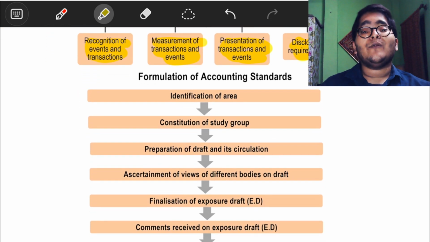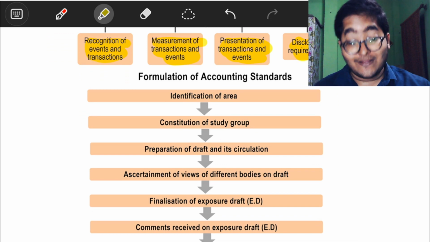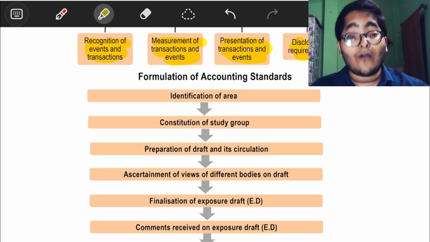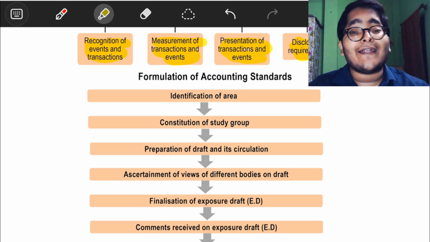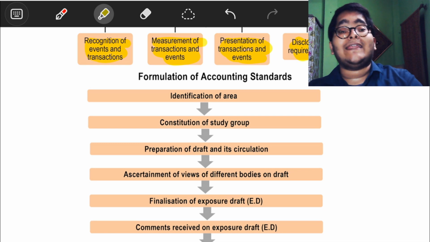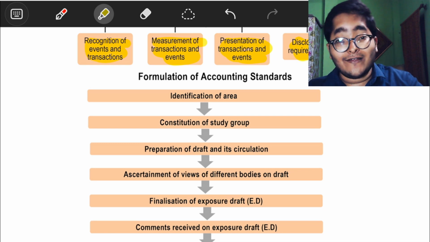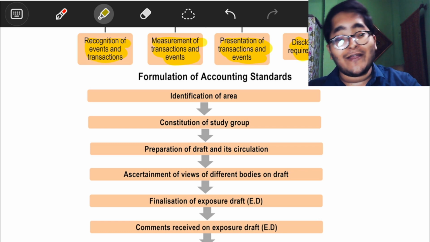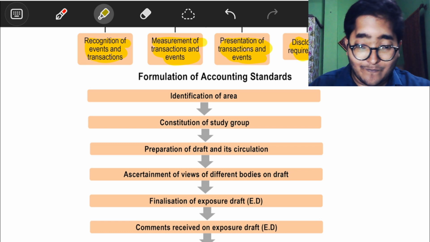Now, the formulation of accounting standards. How is an accounting standard formed or formulated by our institute and our government so that it can become an accounting standard that needs to be abided by the accountants in the preparation of financial statements?